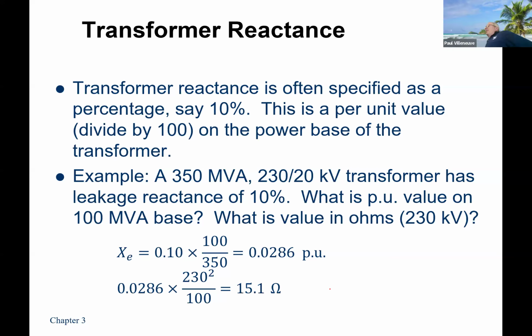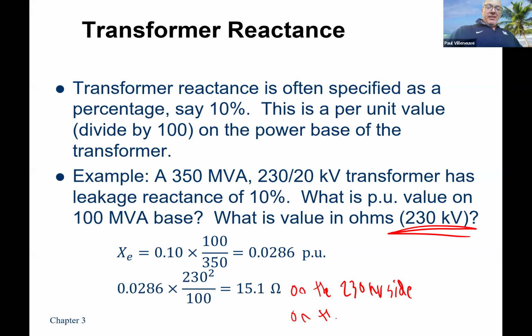If I was curious what the actual leakage reactance would be in ohms, I need to know which side I'm reflecting that impedance on. I'm reflecting that to the 230 kV side. So you'll notice that when I say 15.1 ohms on the 230 kV side, if you wanted it on the 20 kV side, this number comes down here, but then you multiply that by 20 kV squared instead of 230.